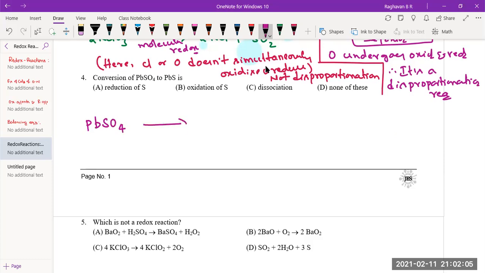PbSO4 to PbS. +2, -8. So it should be +6, and sulfide is 2-. So it is gain of how many electrons? 8. Reduction.